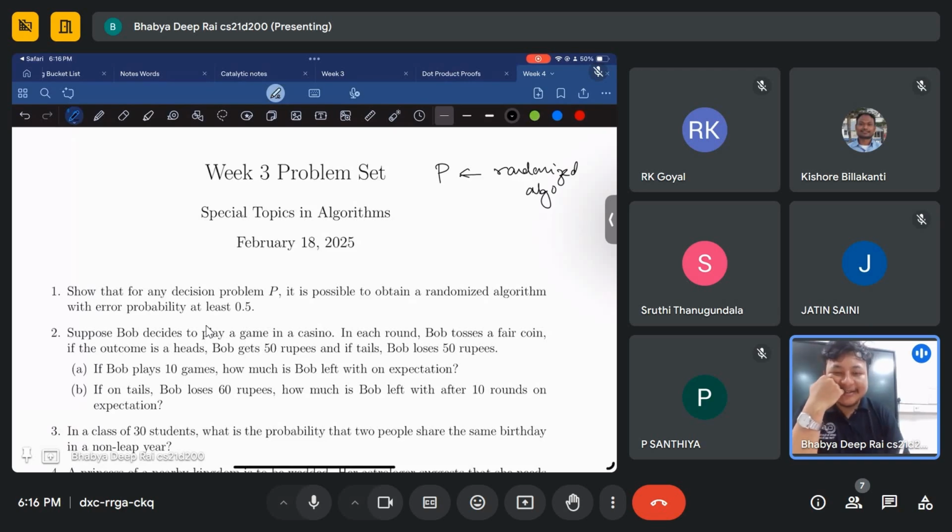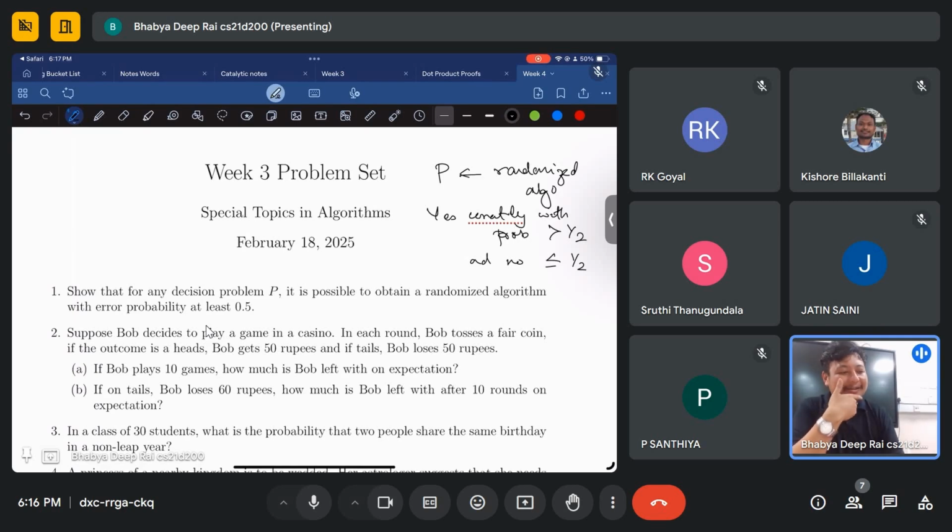If you look at the definitions of, say, one-sided error algorithms, it says yes correctly with probability greater than half and no with probability less than or equal to half. Now, why is half chosen? What's so special about half? That's one question we would like to know.